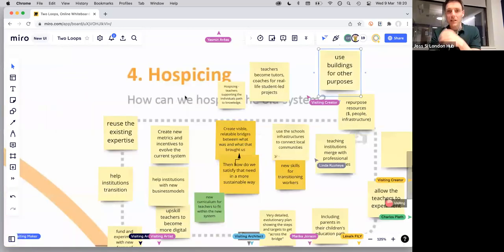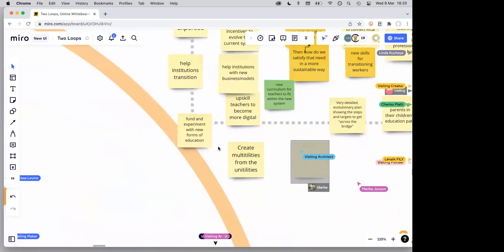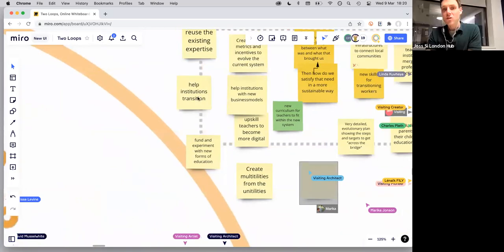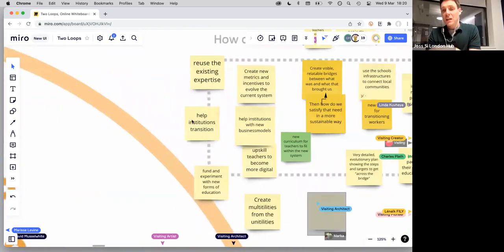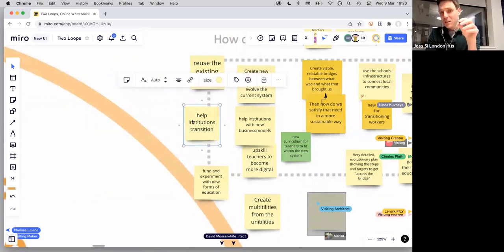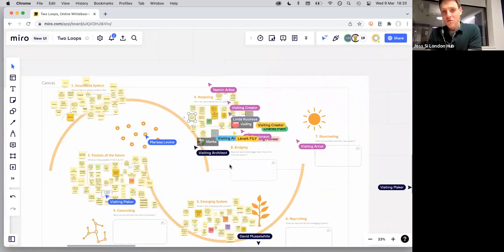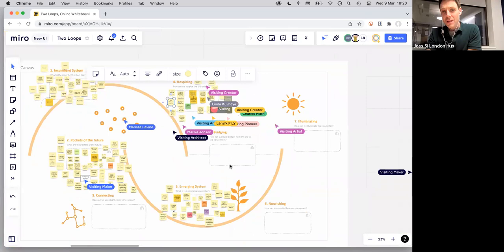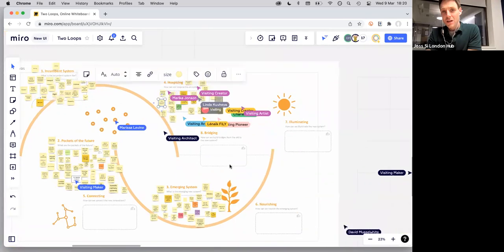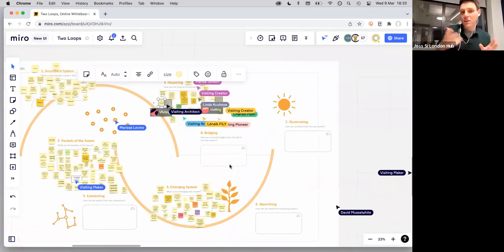Okay, fund to experiment with new forms of education, help institutions transition. Yeah, I mean, think about these universities, right? Some of these are multi-billion-dollar enterprises. Are they going to want to make this transition? How are we going to help them make that transition? The Harvards and the MITs that have everything to lose.